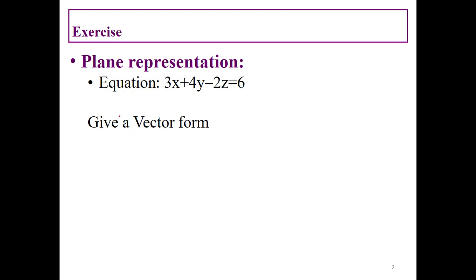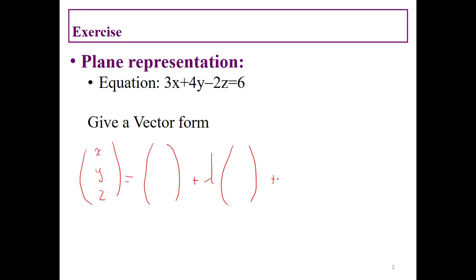Hopefully you remember that a vector form has this shape: (x, y, z) being some starting point plus lambda times one direction vector plus mu times another direction vector. To get this point and the two direction vectors, we need to find three different points of the plane which are not in one line.